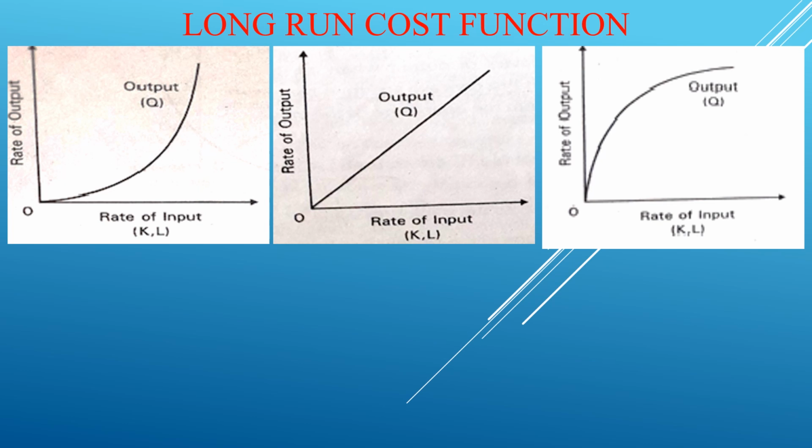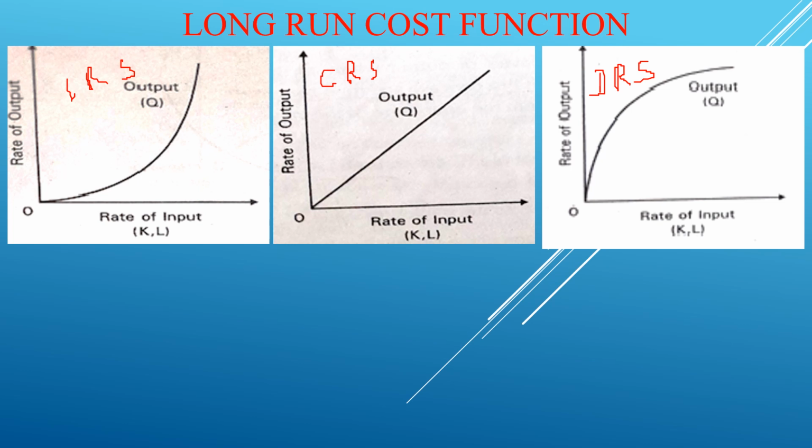It means if output increases by more than the proportionate increase of the input, that is called increasing returns to scale. If the proportionate change of output and input remains constant, then it is called constant returns to scale. And when the output increases, but the increase of the output is less than the proportionate increase of the input, then it is called decreasing returns to scale.